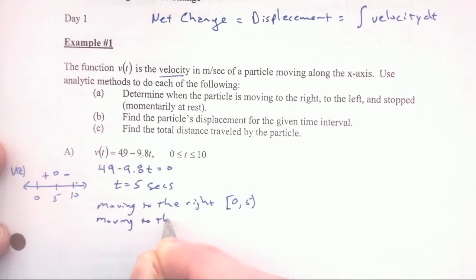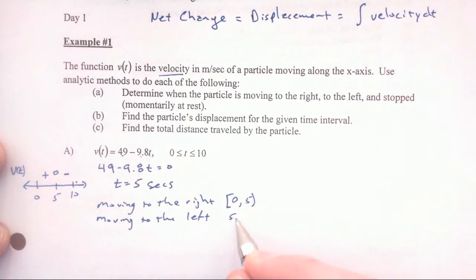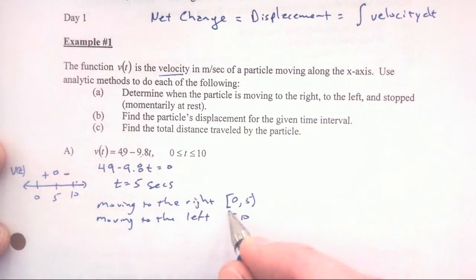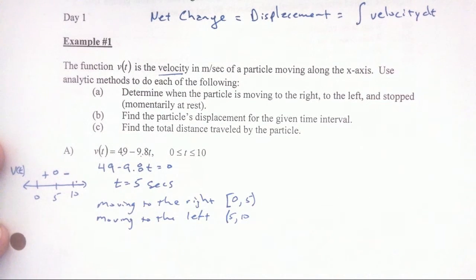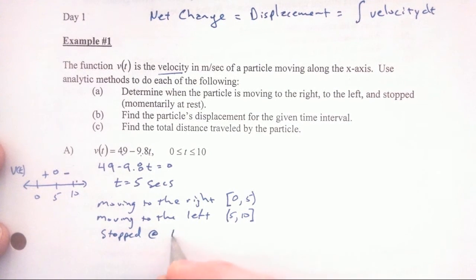Moving to the left, when our velocity is negative, is on the interval from 5 to 10. At 5, though, the velocity is 0, so it's not negative then. At 10, the velocity is still negative. And it is stopped at t equals 5 seconds.